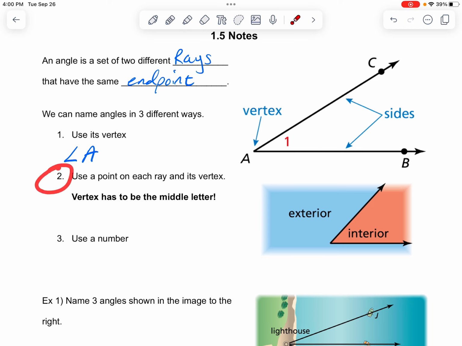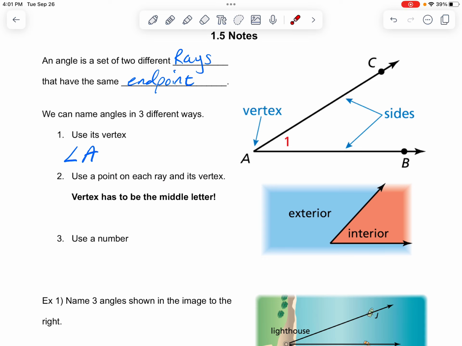The second way that we can name an angle, this is probably the most common, is a point on each ray and its vertex. The important thing here is that the vertex has to be the middle letter. So the order matters in this.